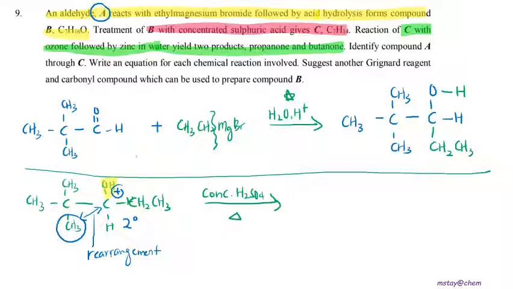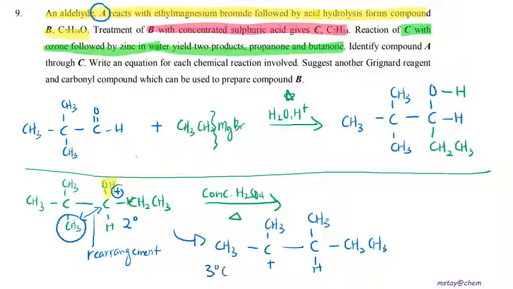Okay, so let's say after rearrangement, the carbocation will turn to CH3, CH3, and then this one is the positive charge, CH3, hydrogen, and CH2, CH3 to form a tertiary carbocation, which is much more stable.